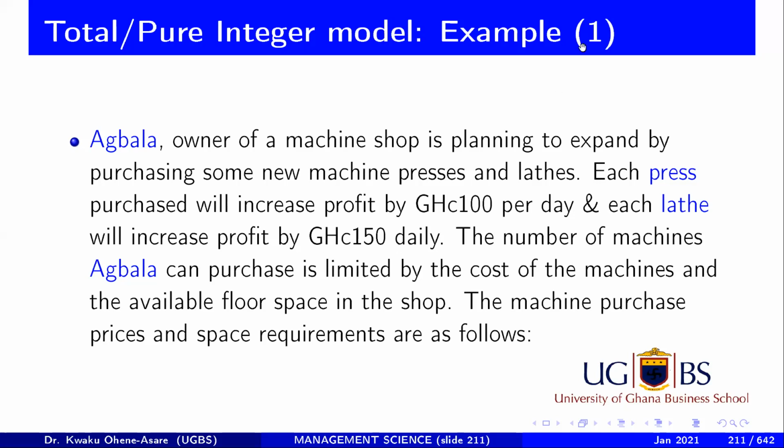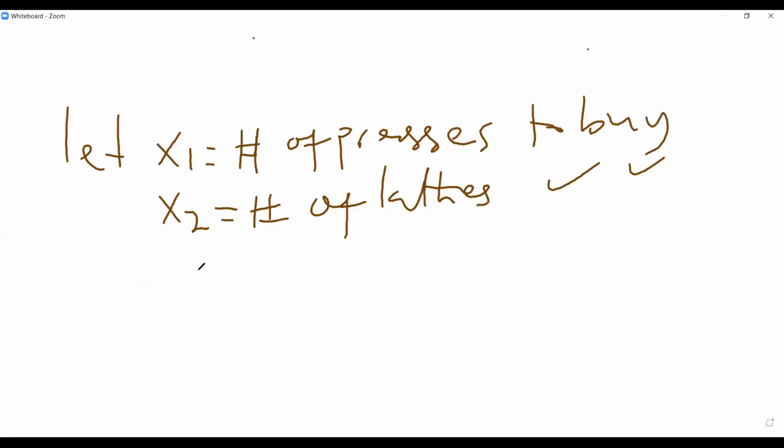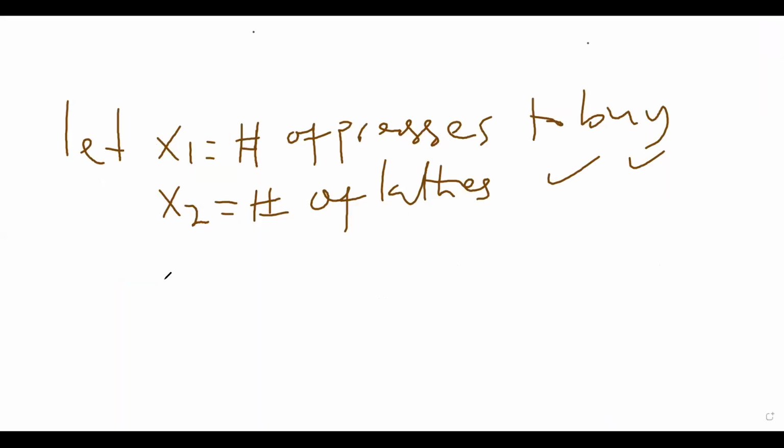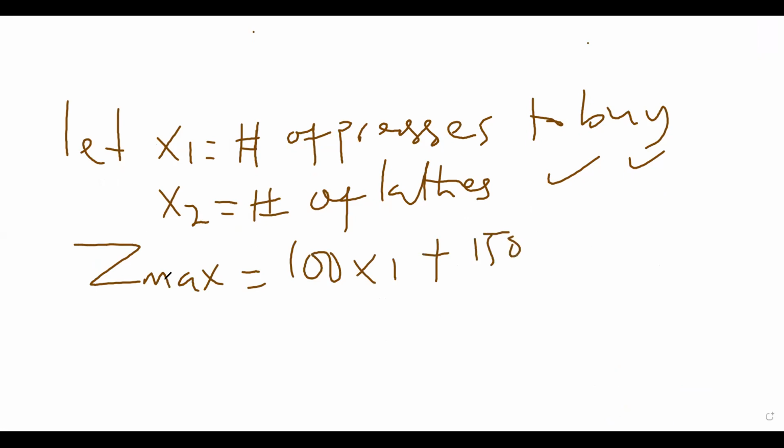Sorry, the objective function is a maximization. So you write z max equals 100 x1 plus 150 x2, subject to the constraints.